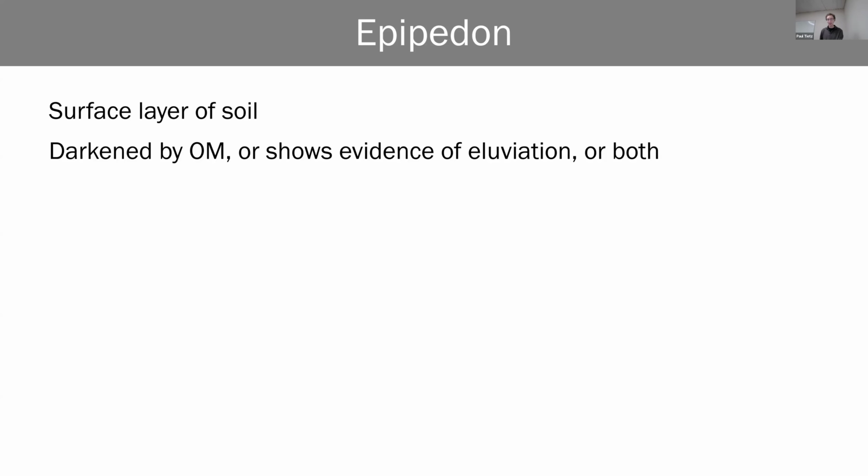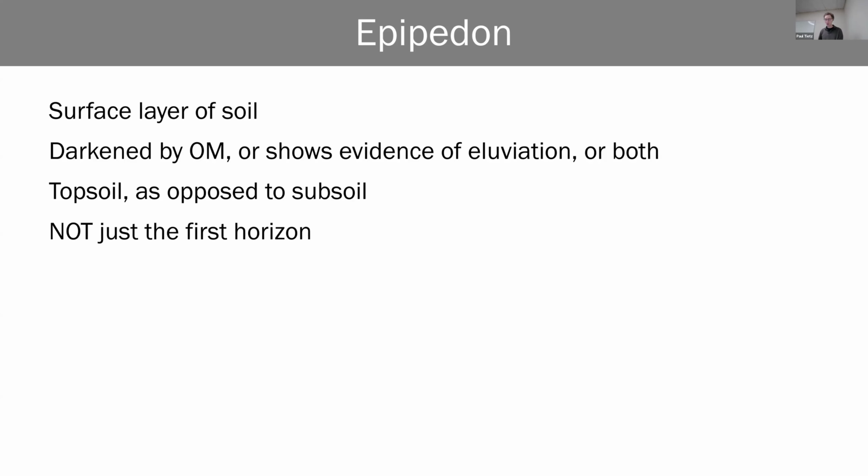Let's say we brought somebody into a soil pit who had no prior experience with soil or understanding of horizons or soil classification, and we asked them to draw one line, say where's the topsoil and where's the subsoil. I think it's pretty likely that the line they draw would be pretty close to the line of the epipedon versus the subsurface.